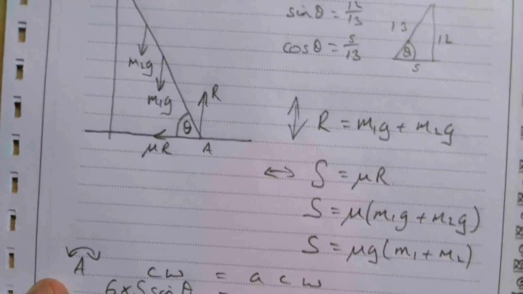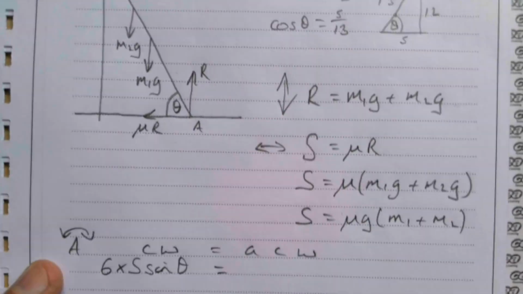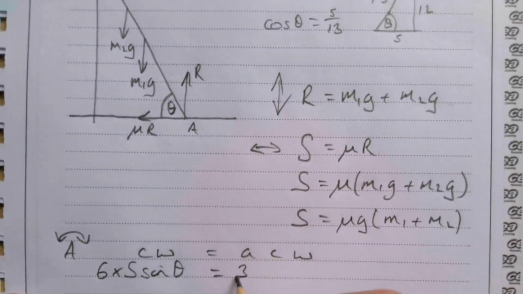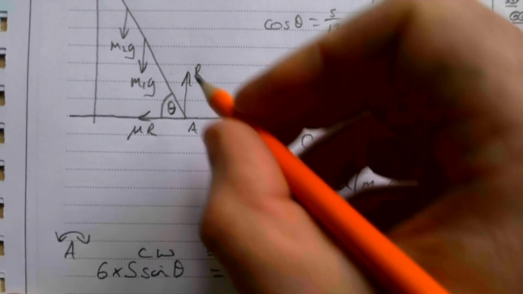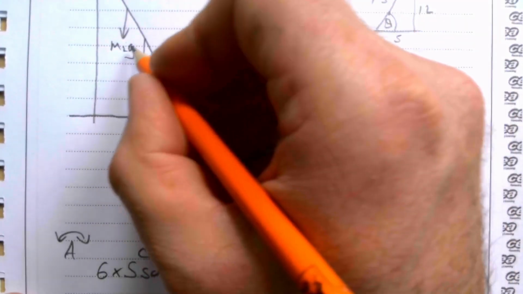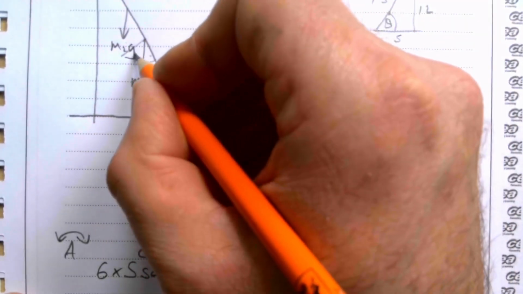So 6 times S sine theta is that one there. This one here is going to be 3 times m1g. That is theta, so that would be 90 minus theta, and that there then is theta.